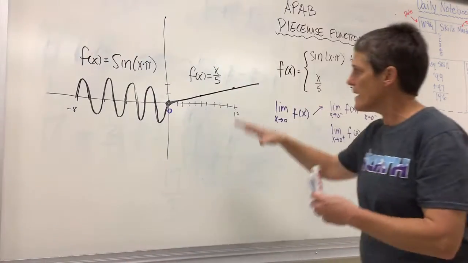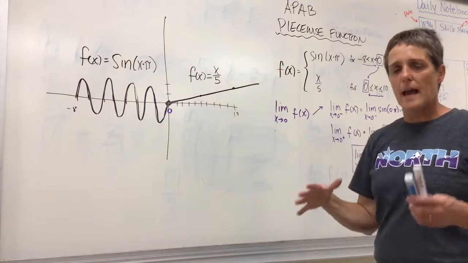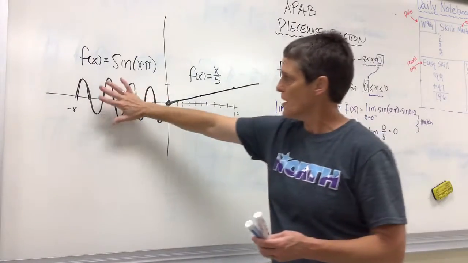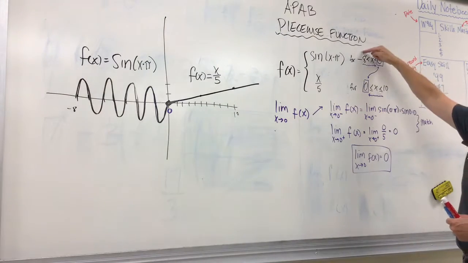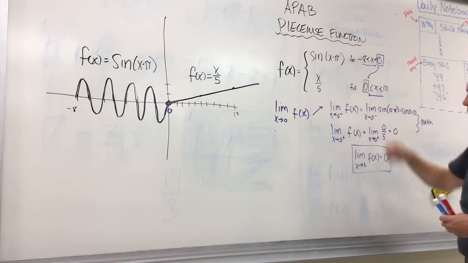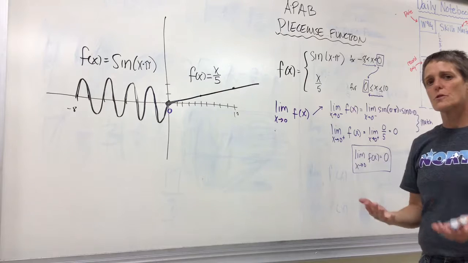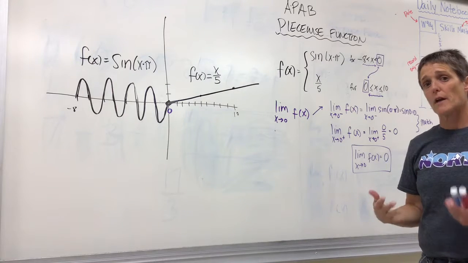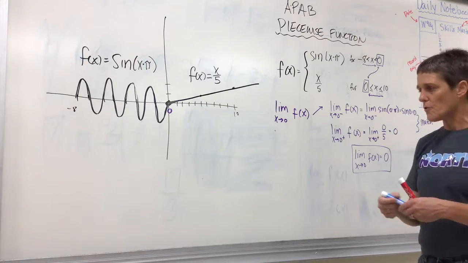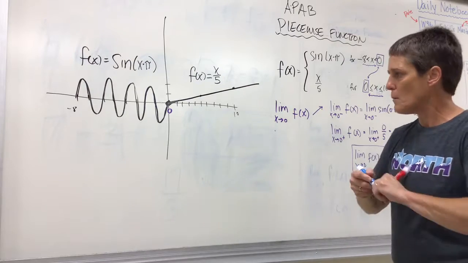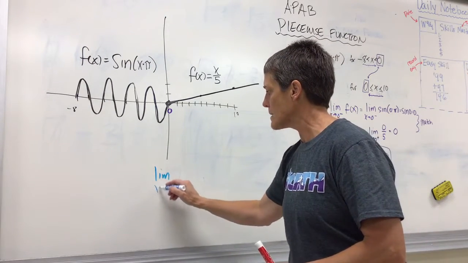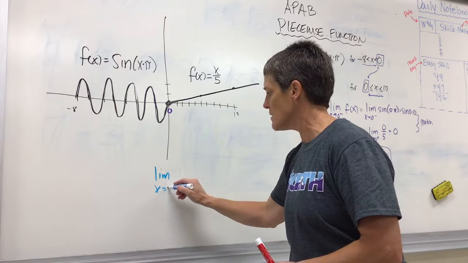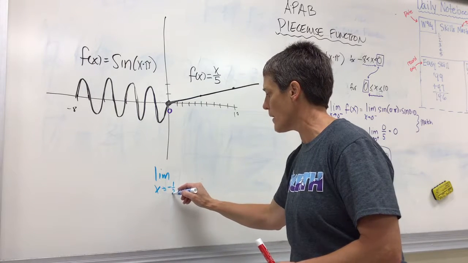Okay, but Khan Academy is also using this to ask questions either here or there. In other words, they're using it to ask questions in this domain or in this domain. And when that happens, it just turns into a normal limit where you don't have to check both sides. So for instance, Khan Academy might ask you, what is the limit as x approaches -1/2?